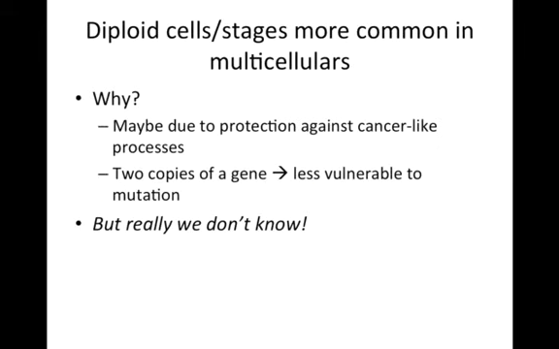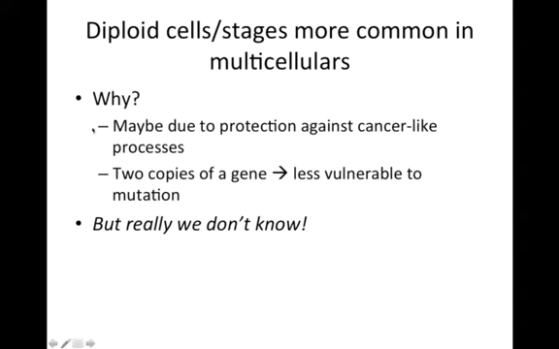One thing that's interesting to speculate about, though we don't really know why, is that in general, multicellular species are more likely to have long diploid stages, like ourselves, right? We have a very long diploid stage with only a transient egg and sperm cell haploid stage.